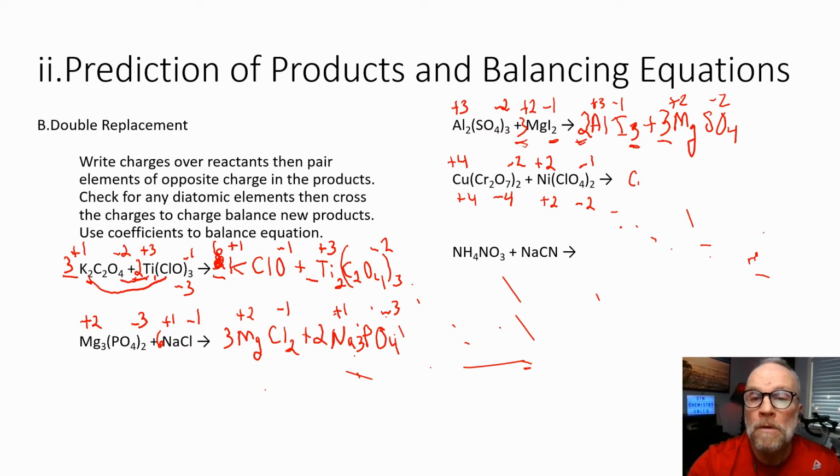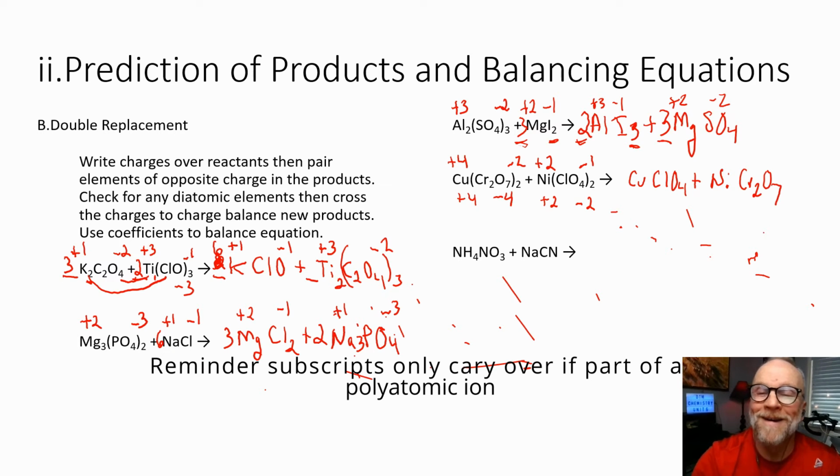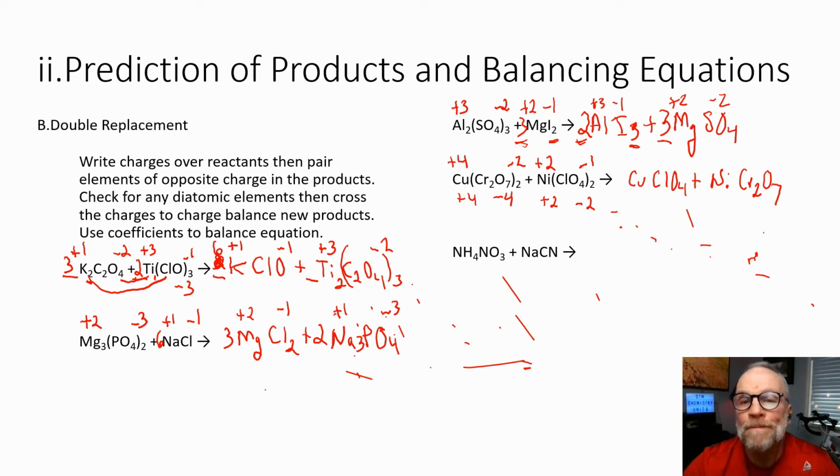So copper is going to dance with perchlorate, and nickel is going to dance with dichromate. And so we have to put the charges back over the top. Just transfer them from the other side. +4 minus 1 plus 2 minus 2.